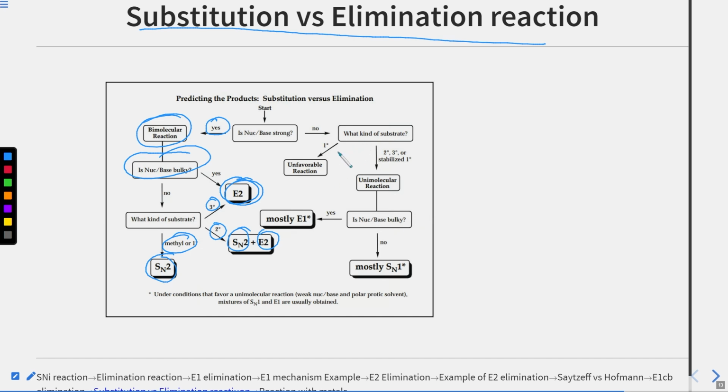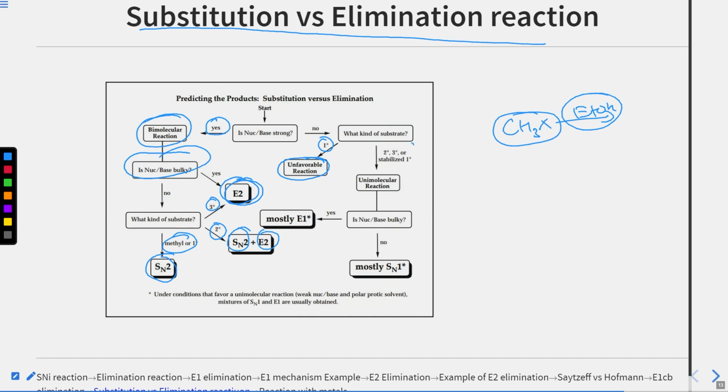Now if your base or your nucleophile is not strong and your substrate is also not bulky, that is 1 degree, then you will not get any reaction. Suppose you do a reaction like this, CH3CH2X with EtOH. So this is a weak base plus a 1 degree alkyl halide, so it will not give any reaction.